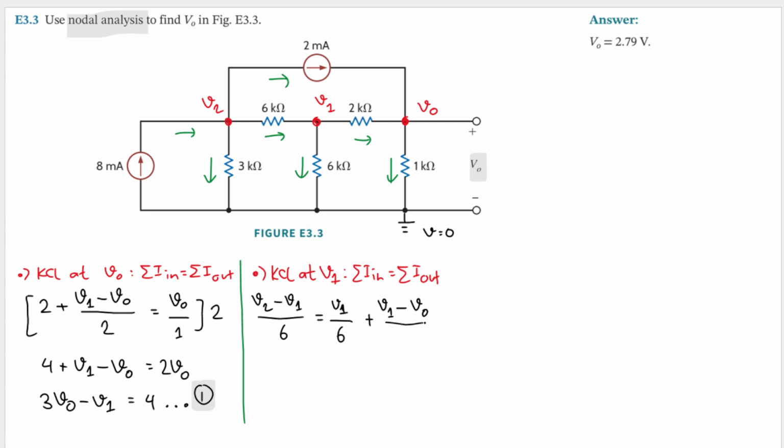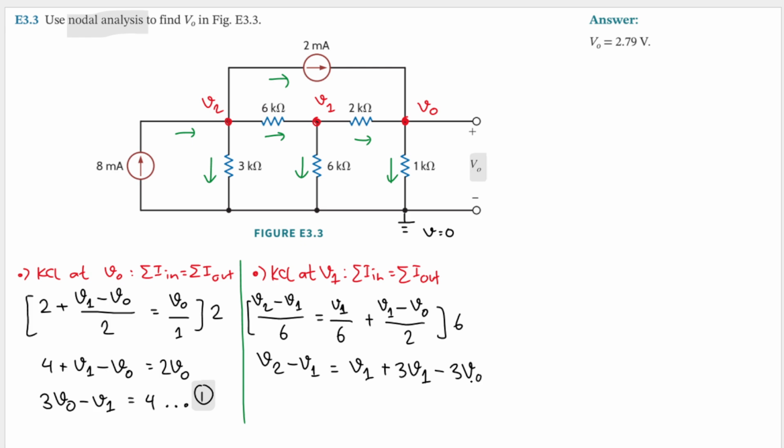divided by 2. Good. Now let's multiply both sides by 6 to get rid of all of the denominators. So we will have V2 minus V1, and then we will have that equal sign. We will have V1, and then 2 and 6 will cancel into 3, so we will have plus 3V1, and then minus 3V0, right?